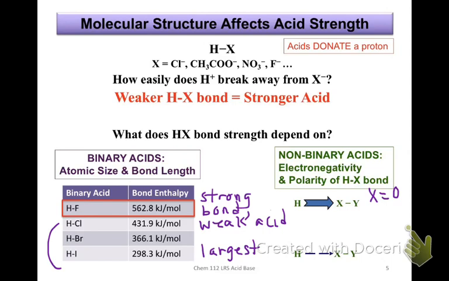If X is very electronegative, like oxygen, it has a lot of electron withdrawing power. That polarizes that bond to the hydrogen and makes it a stronger acid. It's easier to transfer that proton away to a different conjugate base. The bond breaks more easily the more electronegative that X atom is.